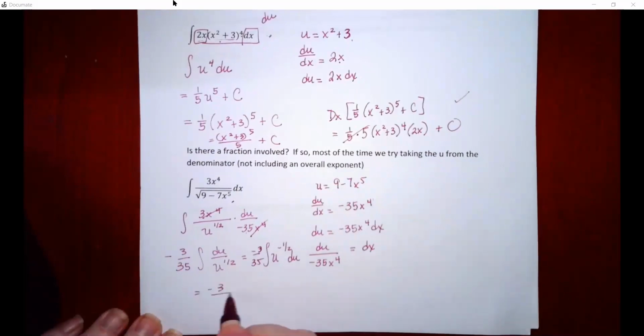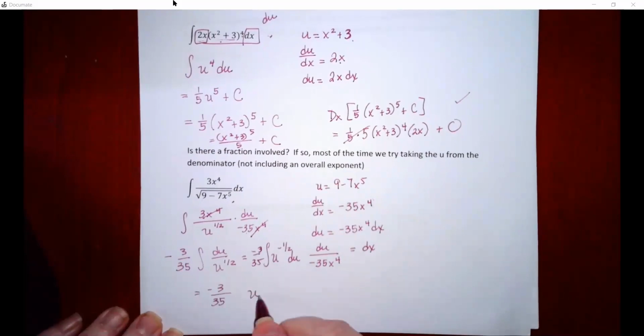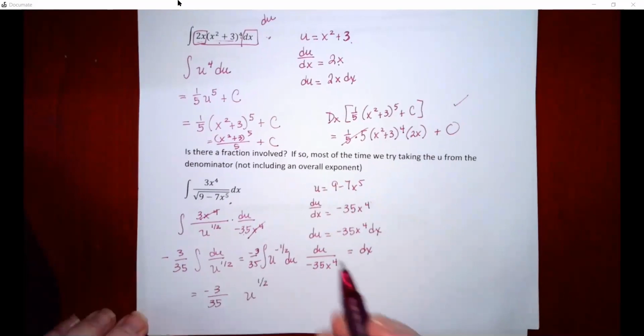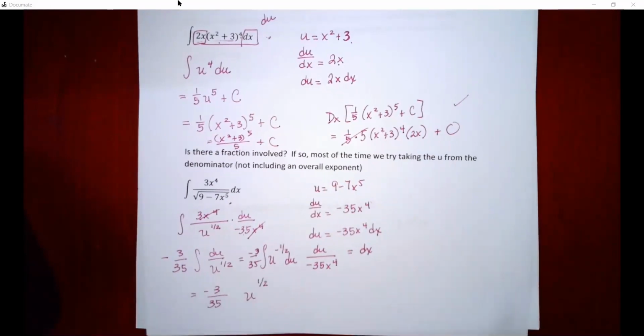At which point we can just integrate. The integral of u to the negative 1/2 du is u to the positive 1/2 because negative 1/2 plus 1 is positive 1/2. And then multiply by the reciprocal of that new exponent. Remember, the reciprocal of 1/2 is 2 over 1 or just 2.